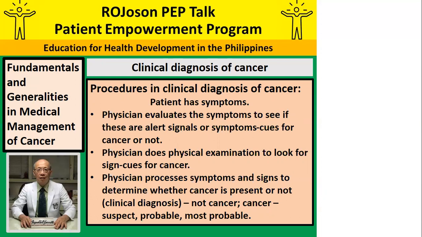Then the physician does a physical examination to look for sign cues for cancer. And then the physician processes the symptoms and signs to determine whether cancer is present or not, arriving at a clinical diagnosis with a conclusion or ending on the following: not cancer, cancer suspect, probable, most probable.